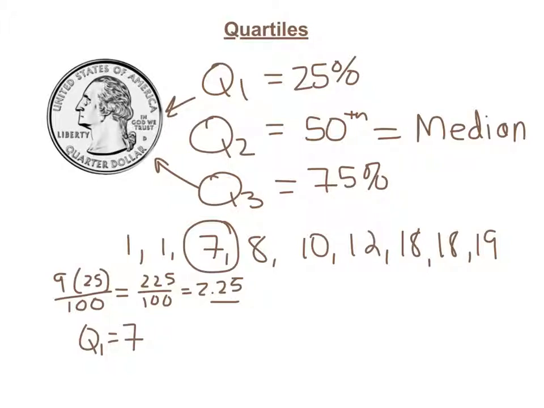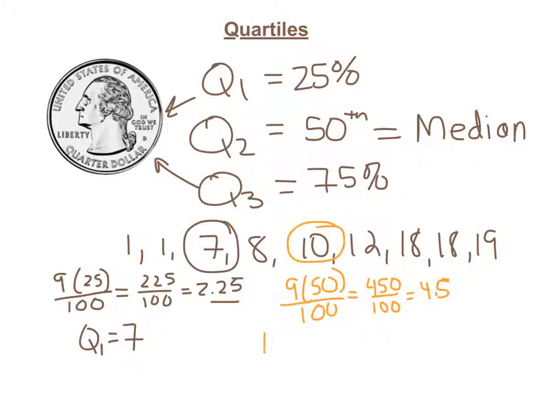Now let's take a look at Q2. 9 things in my set, 50th percentile, over 100. All right, 4.5 is not a whole number. Round up to the next whole number, and that gives me 10.